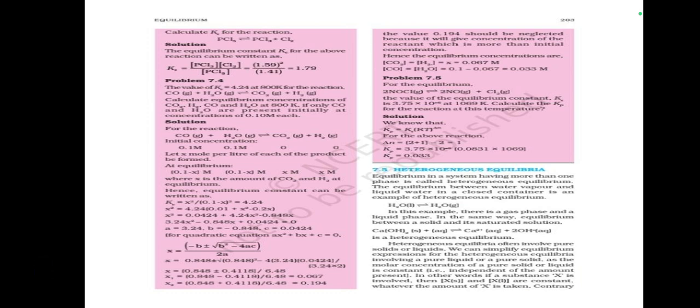Heterogeneous equilibria. Equilibrium in a system having more than one phase is called a heterogeneous equilibrium. The equilibrium between water vapor and liquid water in a closed container is an example of heterogeneous equilibria: H2O in the liquid phase ⇌ H2O in the gaseous phase. In this example, there is a gas phase and a liquid phase.